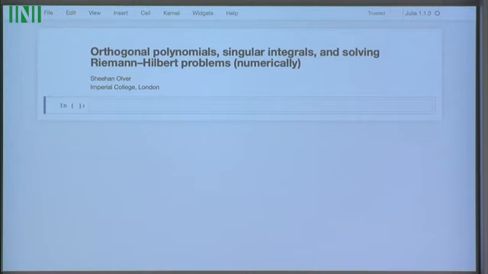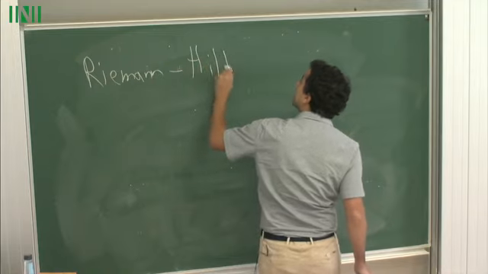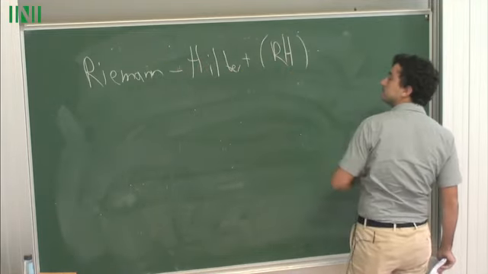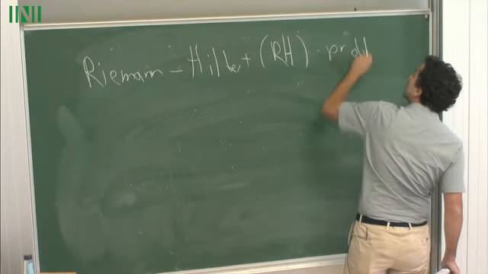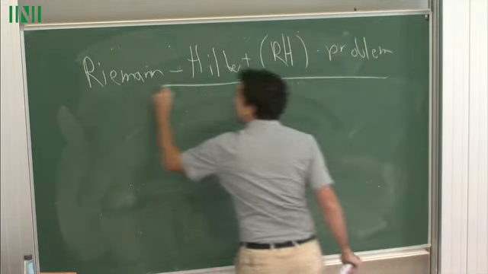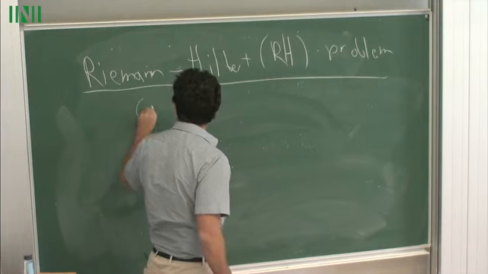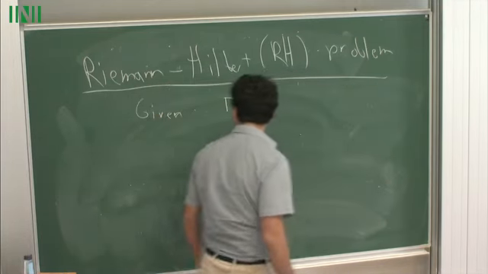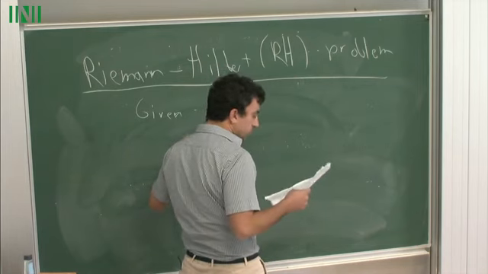All right, so I guess I should start by defining what a Riemann-Hilbert problem is. Okay, so we're given an oriented contour gamma in the complex plane, and it can have multiple components.